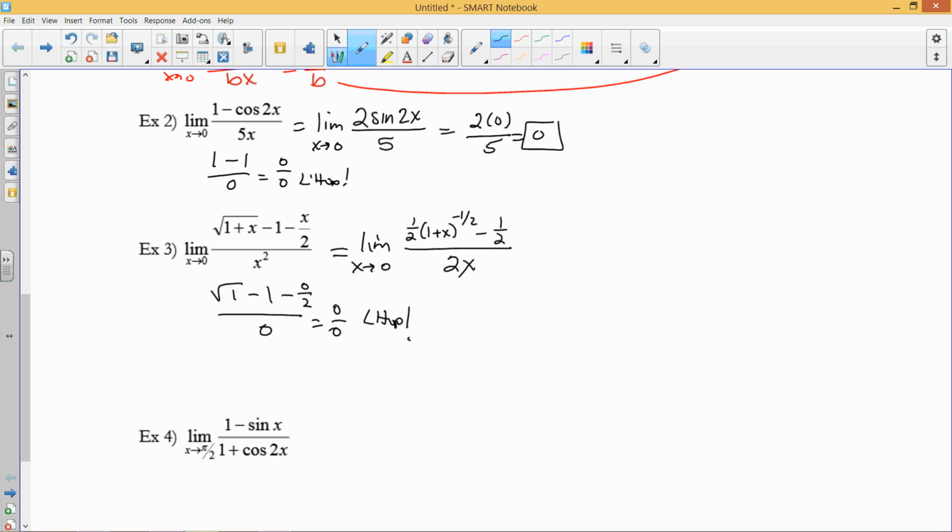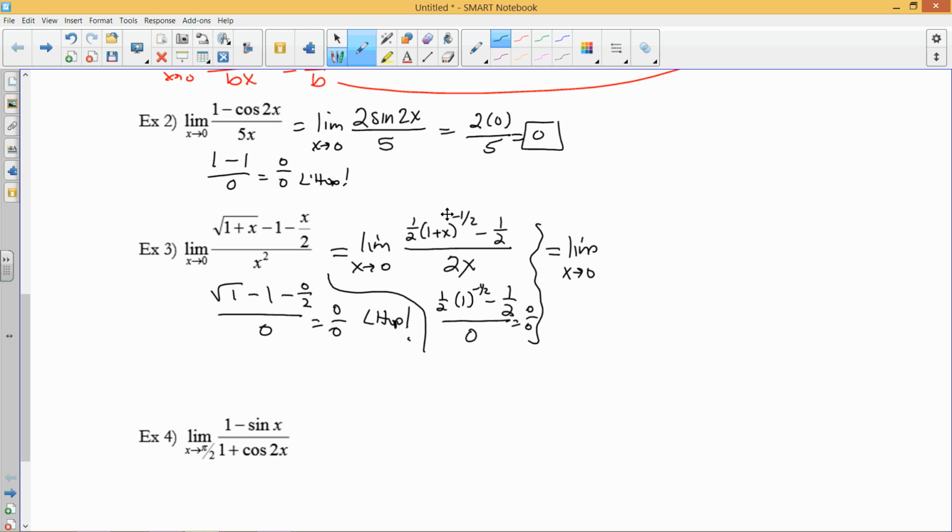So now I'm going to evaluate this second limit here. I'm just kind of breaking this up here. As x goes to 0, this is 1 half times 1 to the negative 1 half minus 1 half over 0. Hey, that's a 0 over 0. I get to do L'Hôpital again. So now I'm going to do the limit as x approaches 0.